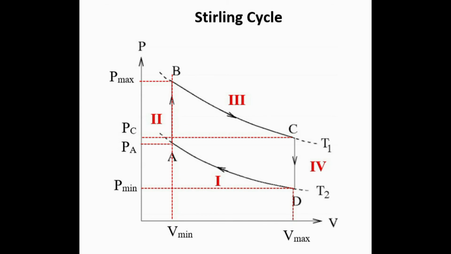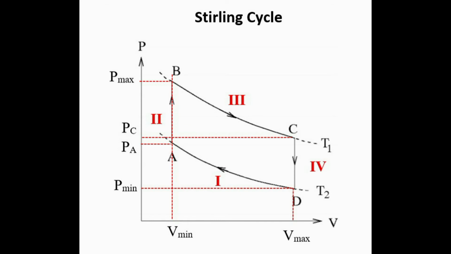In 3, we have another isothermal process and K3 can be determined by choosing point B. K3 equal Pmax times Vmin. The volume varies from Vmin to Vmax, and the equation 3 is given by P equal K3 divided by V. In 4, the process is isochoric at Vmax and the pressure varies from Pc to Pmin.